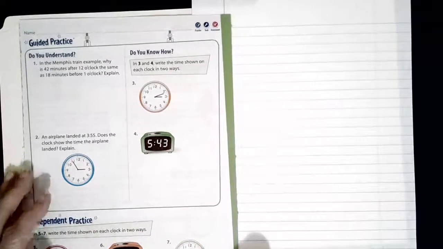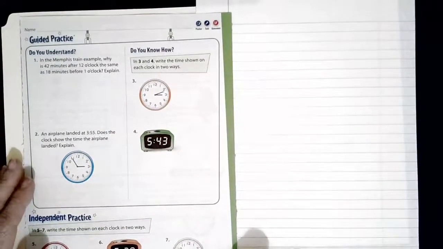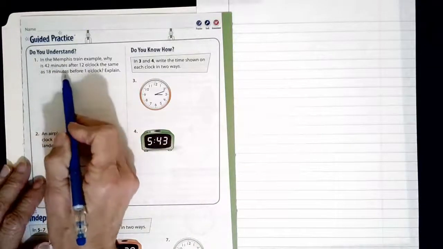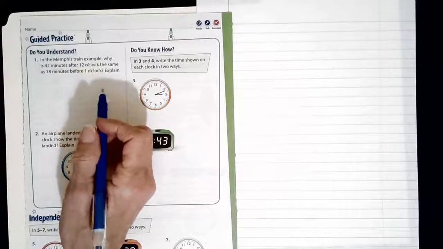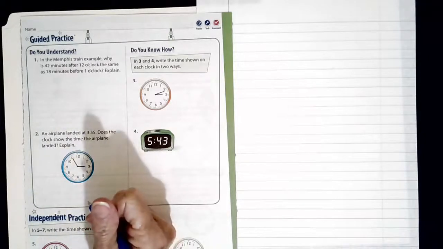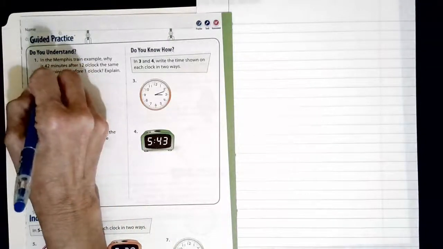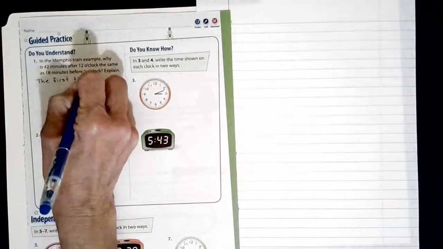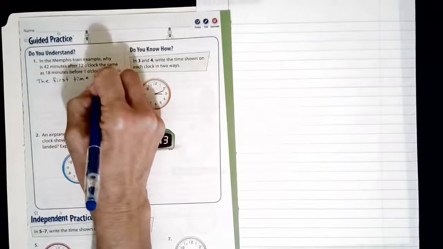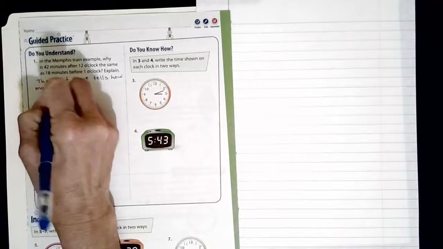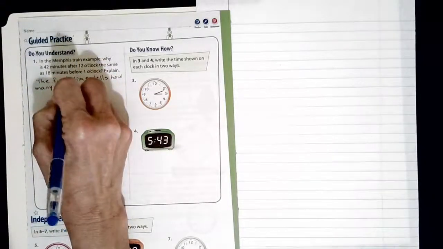Excellent. In the Memphis train example, why is 42 minutes after 12 o'clock the same as 18 minutes before 1 o'clock? Well, we already talked about the fact that we can look at time and tell it two ways. The first time tells how many minutes after the hour.